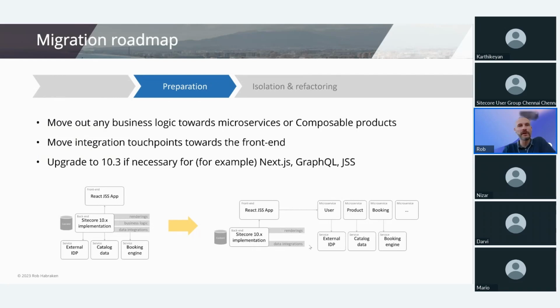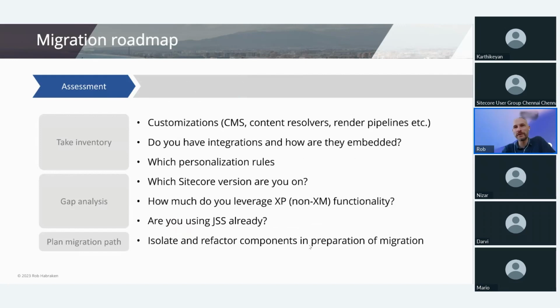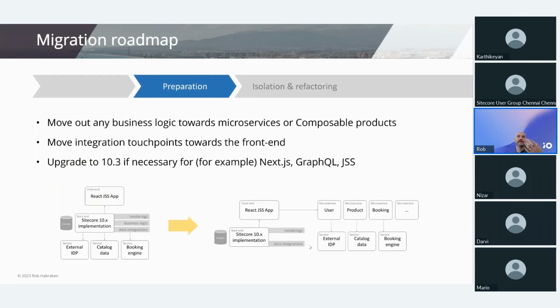And it also goes, if I ever go back, how much do you leverage XP, like the marketing automation stuff? The same goes for that. If you want to already start using Personalize, which is already moved to the front end, you can use that product on your current solution, and you can remove all the current personalization rules and replace them with Personalize, for example, the custom profiles with CDP and so forth.